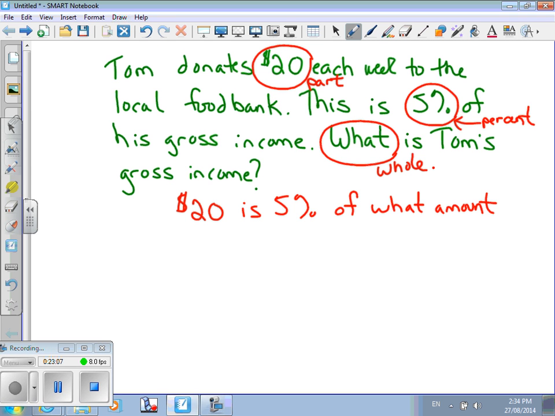And we would still come up with 20 being the part, 5% being the percent, and the what being the whole.